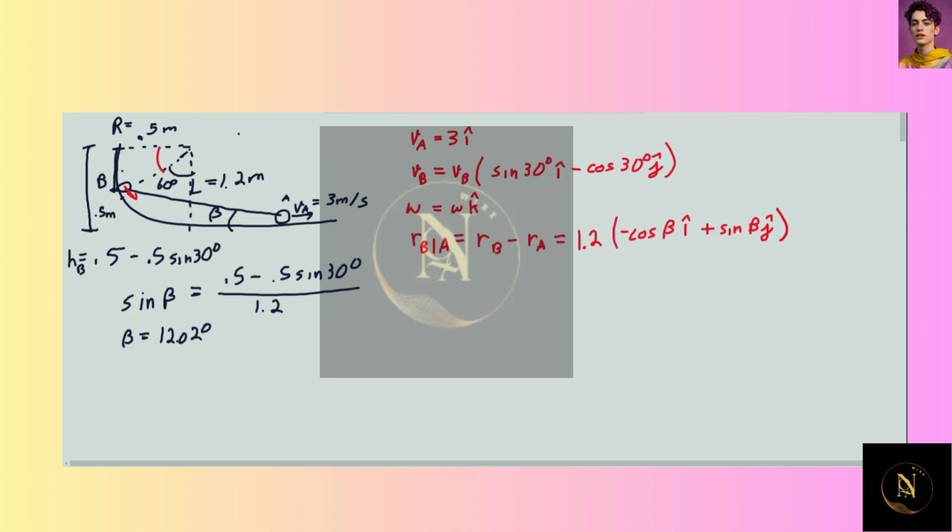We can then find the velocity of B from the velocity of A plus the velocity of B about A, where we get the velocity of B about A by taking omega cross R. When we look at this, the left side of the equation will have some i-hats and j-hats, and the right side will have some i-hats and j-hats.